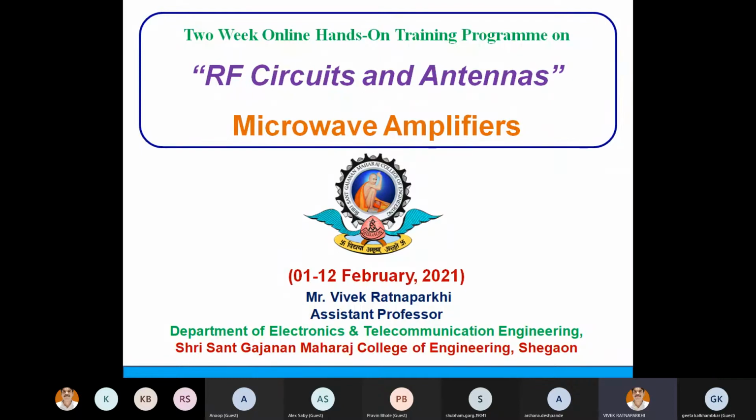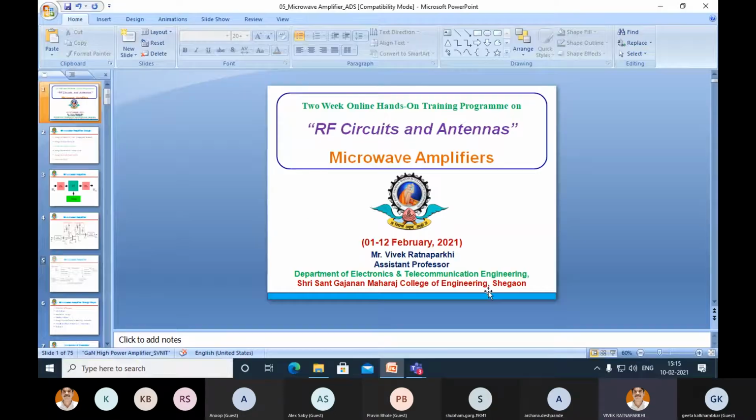To save time, demonstrating all these things will require 40 to 50 minutes. You will appreciate that it involves a lot of steps, a lot of understanding, and a lot of design aspects to be covered for any high power amplifier design.